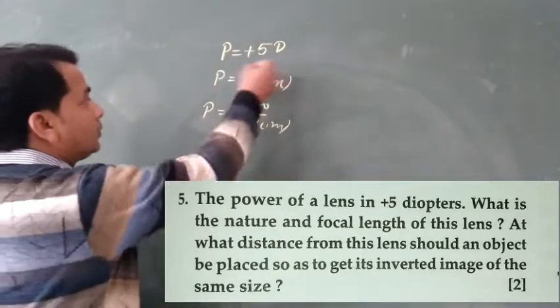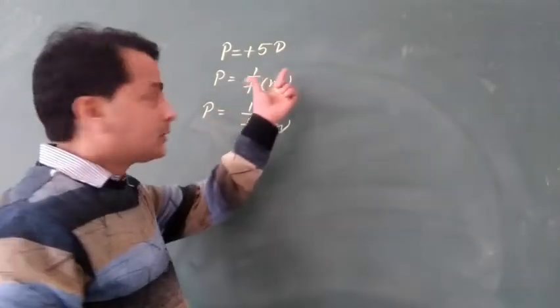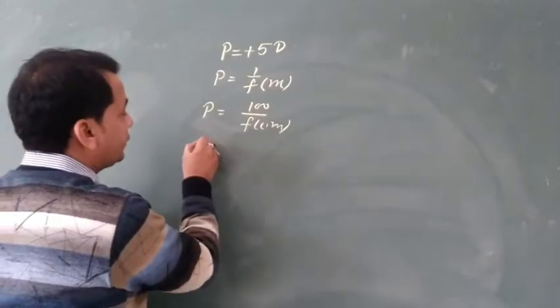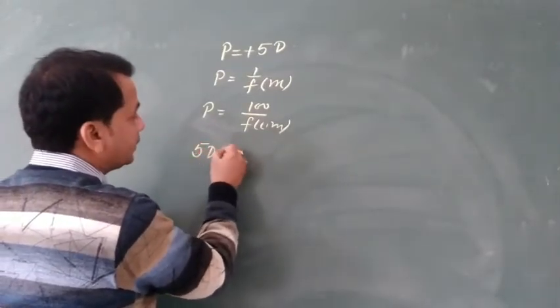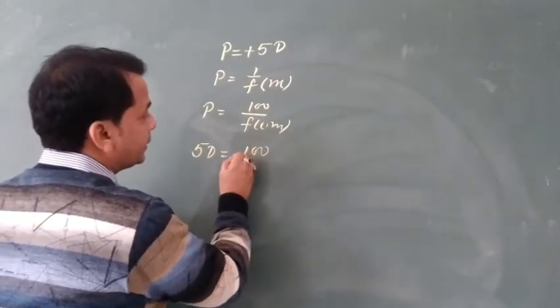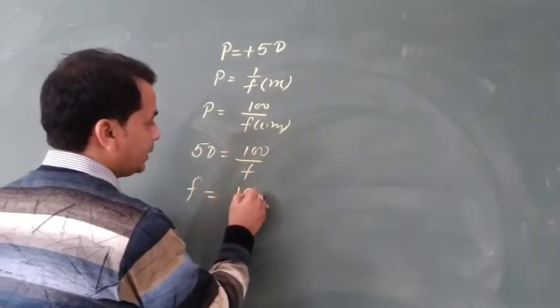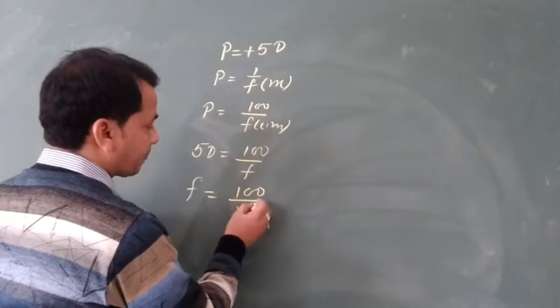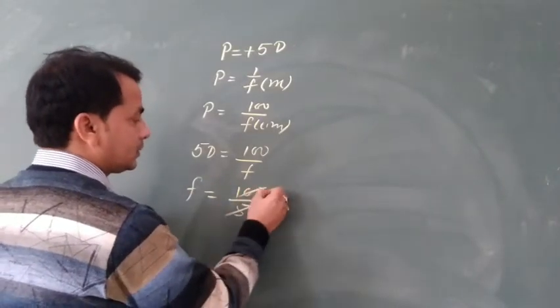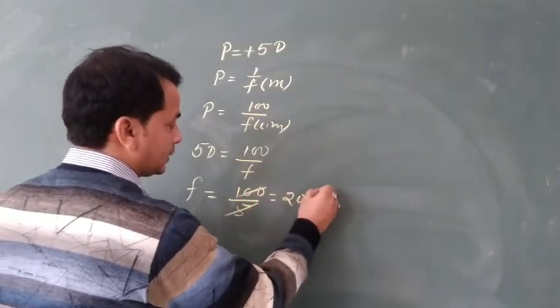So put the value of the power here: 5 equal to 100 by f, then f equal to 100 by P, 100 by 5, 20.